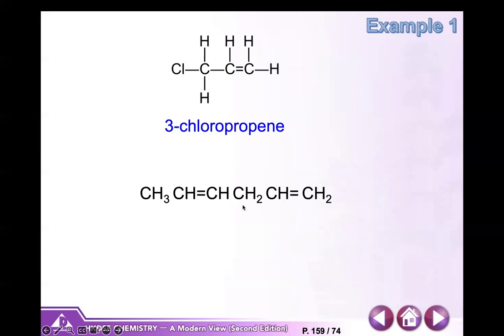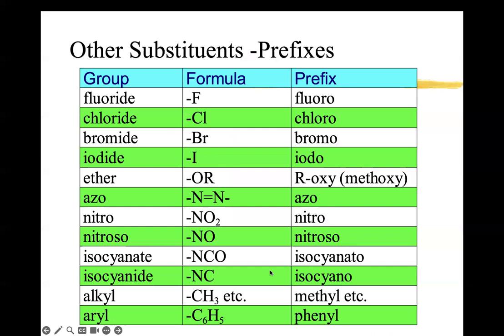With 2 CC double bonds, hexadiene. But don't omit the A, so it is hexadiene. The positions are labeled here as the first carbon. So hexa-1,4-diene.